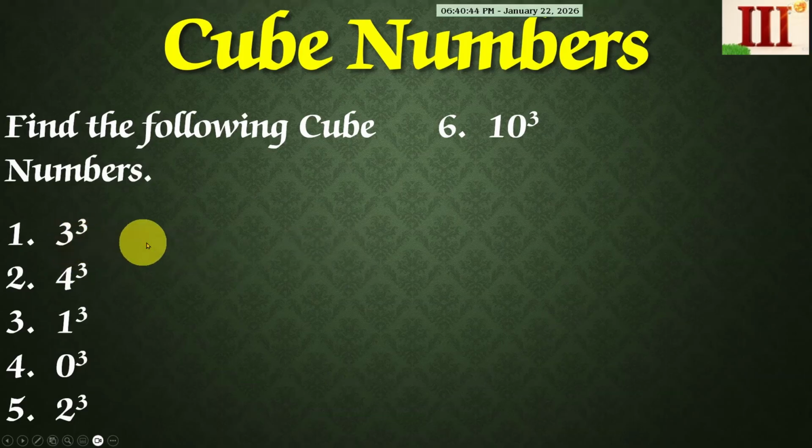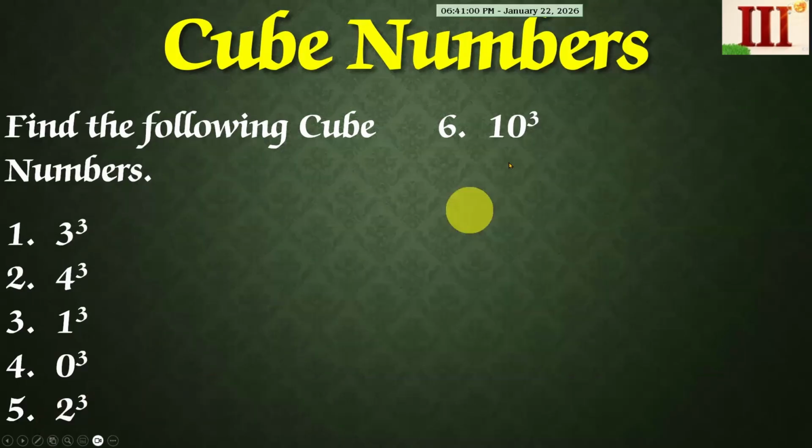So 3 times 3 times 3, which is 27. 4 times 4 times 4, which is 64. 1 times 1 times 1, which is 1. 0 times 0 times 0 is 0. 2 times 2 times 2 is not 6. People, 2 times 2 times 2 is equal to 8. And then, of course, 10 to the power of 3 would give you 1,000.